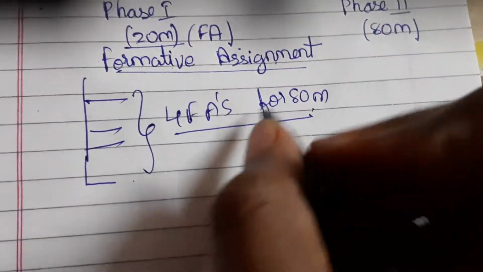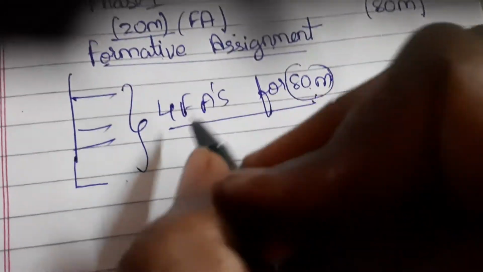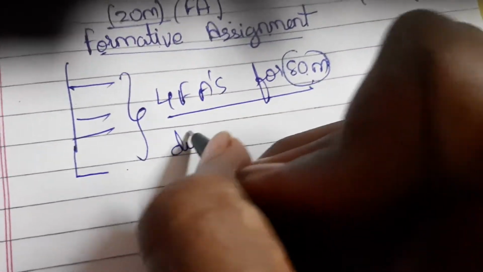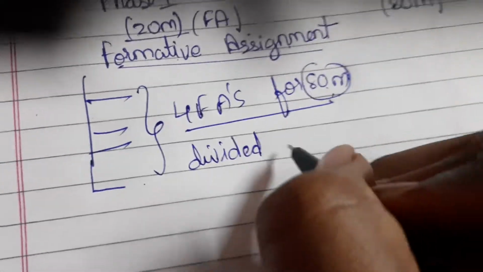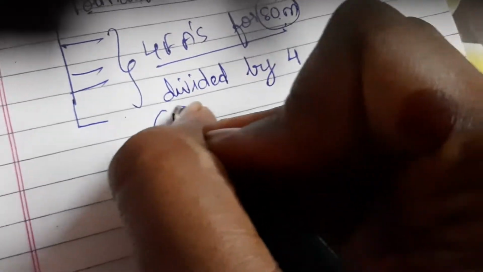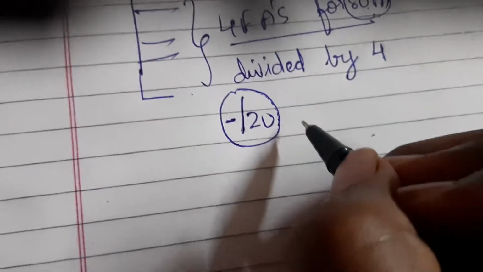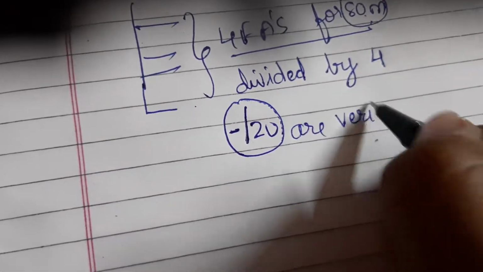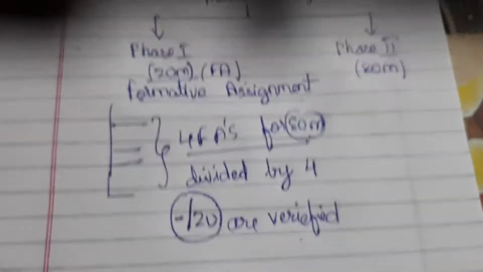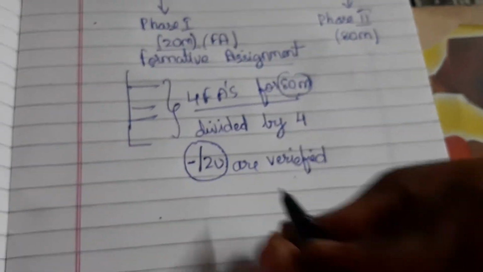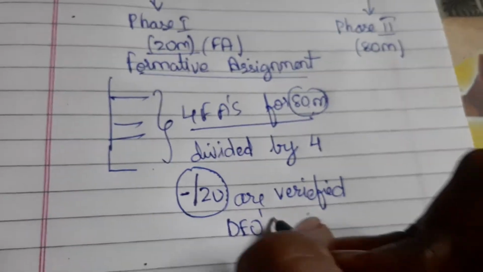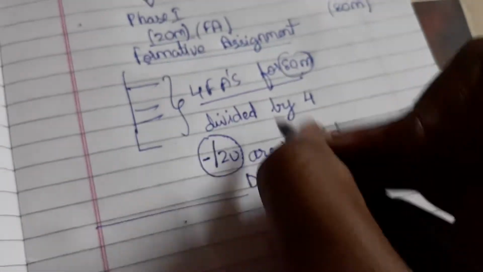After writing FAs you will get the marks for 80, then that marks are divided by 4, and out of 20 they will send you the marks which you got, and these marks are verified by the DO officers. So this is all about phase 1.